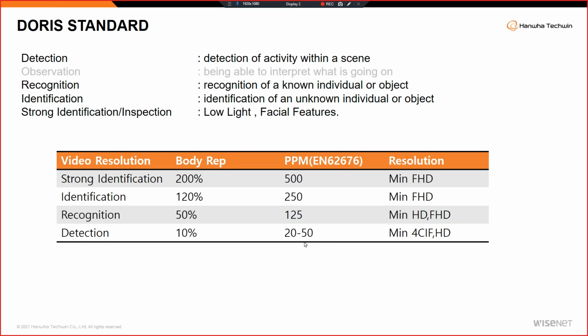So I hope you got the idea. The camera doing analytics to detect needs more than the standard human being requirement. So this pixel criteria is for a human being to detect the changes in the scene. All right, so we do design based on this.